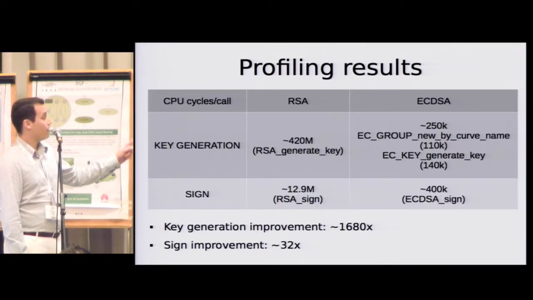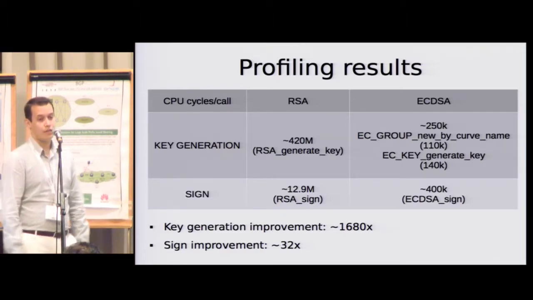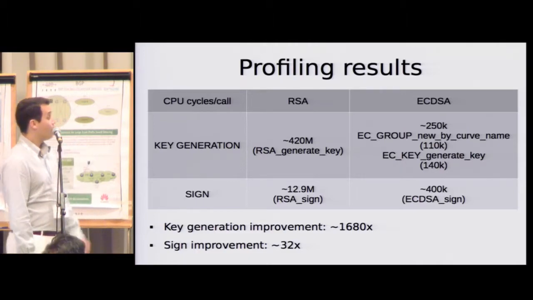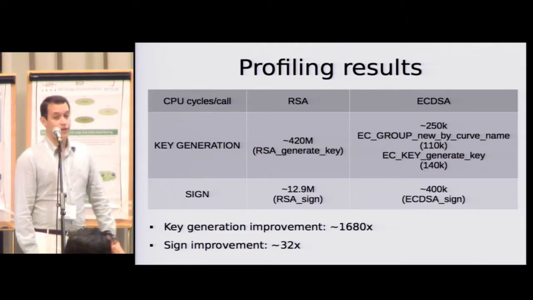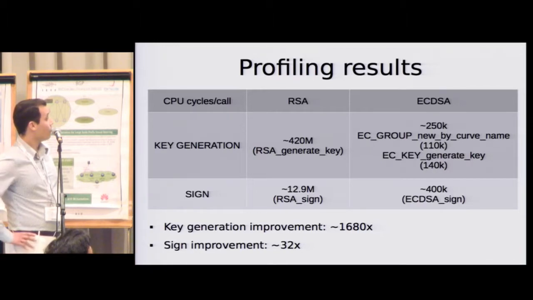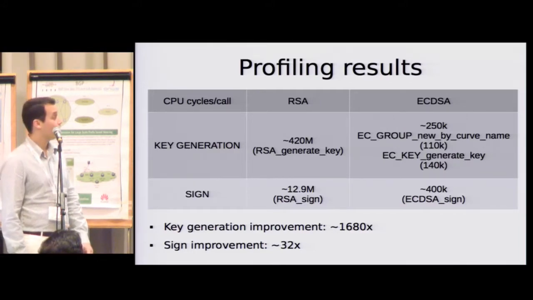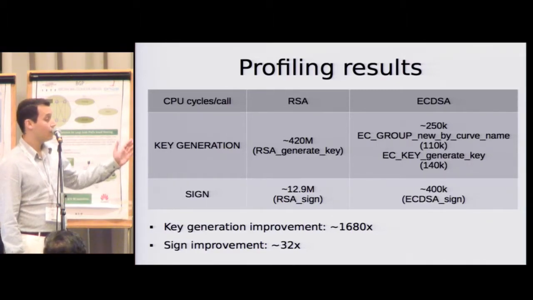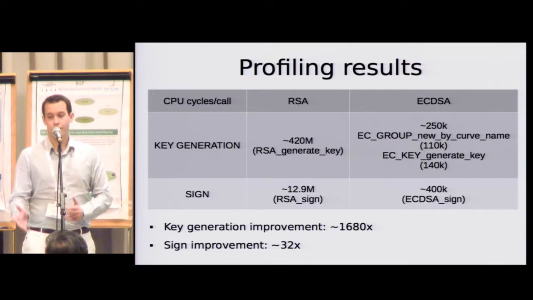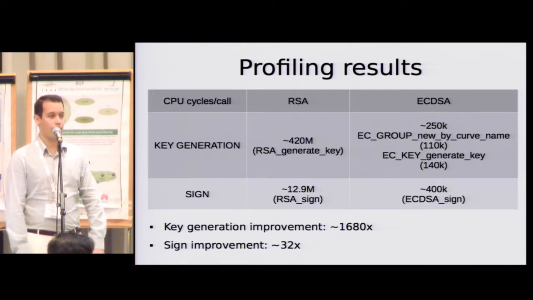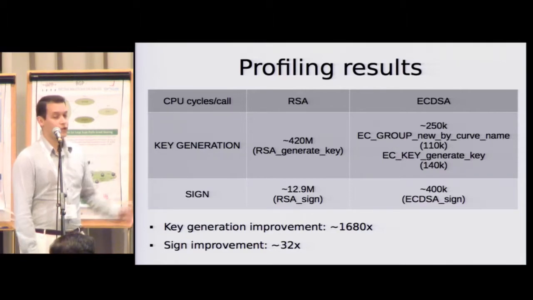So the improvement here is about 1,600 times. On the other hand, in the sign phase, for RSA we need almost 13 million cycles, and for ECDSA we need 400,000 cycles. So the improvement here is about 32 times. It's a good improvement thanks to ECDSA.